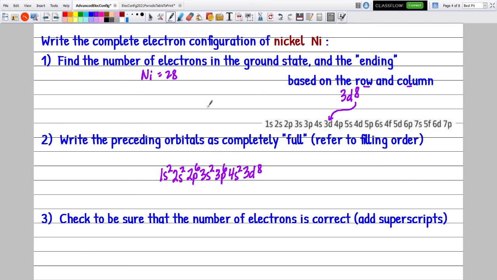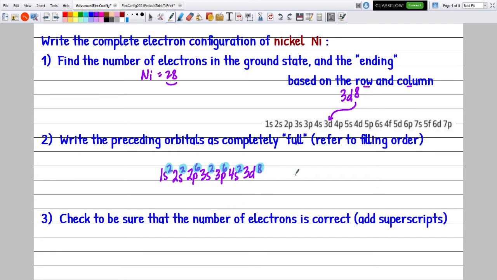Now let's make sure that all of these superscripts, which refer to electrons, add up to 28, which is what we expect for nickel. Let's see. 2 plus 2 plus 6 is 10, plus 2 plus 6 plus 2 is now 20, plus 8 does equal 28.